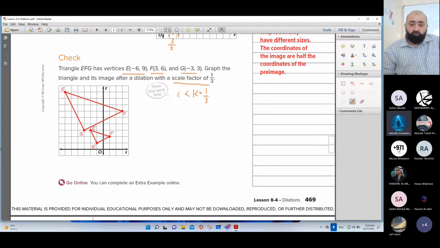This is between 0 and 1. Means we have reduction. So the rule here, (x, y) goes to (1 over 3 x, 1 over 3 y).